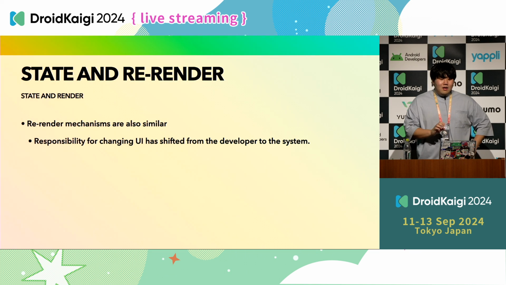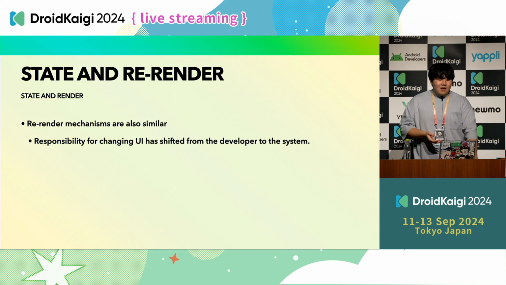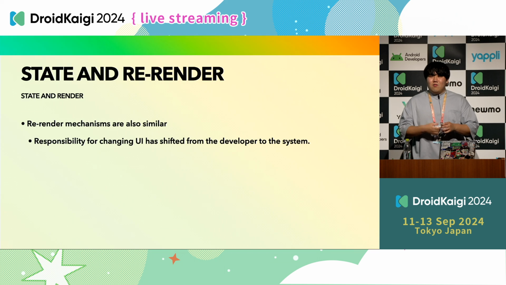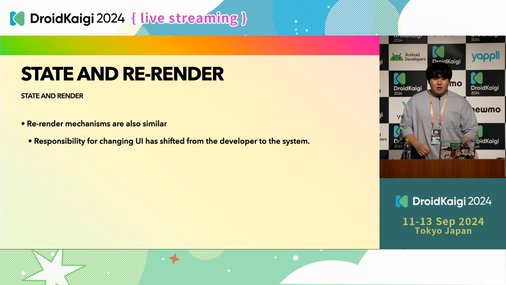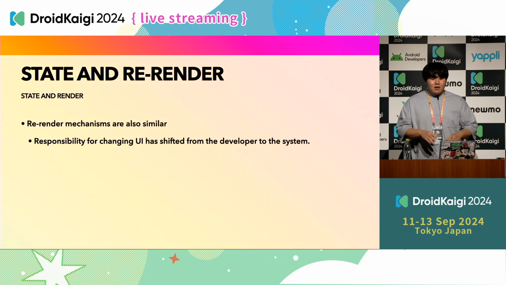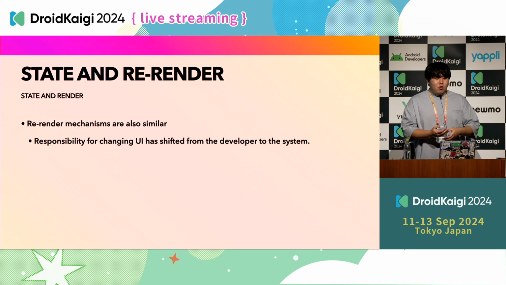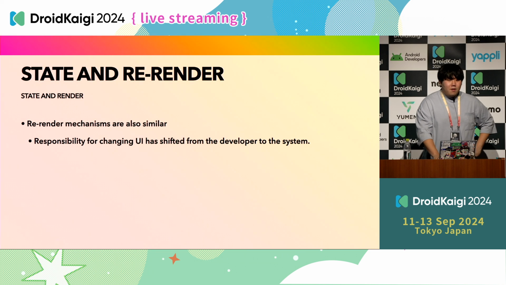But in declarative UI frameworks, merely changing state can automatically trigger screen updates. This reduces the likelihood of human errors, providing a significant advantage.